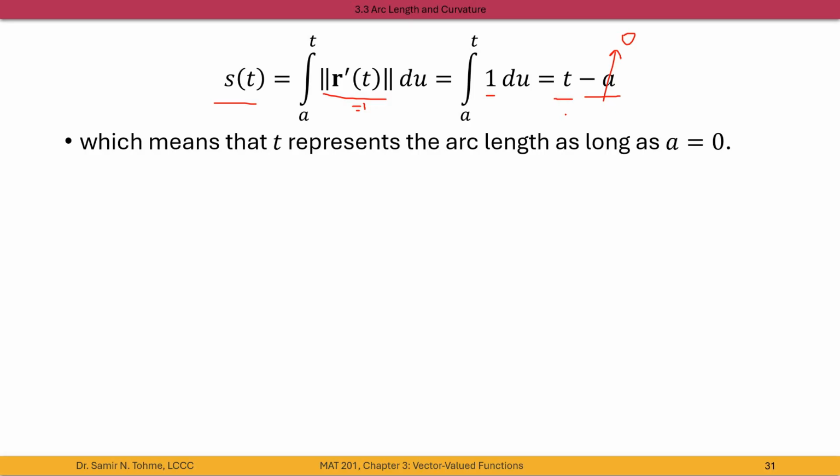It's always equal to t. So if you have the value of t, this is a faster way to calculate the arc length only in case the magnitude is equal to 1. If the magnitude of this vector function is equal to 1, you can directly write the arc length is equal to t if it starts from a equal to 0. So if you're calculating the distance between 0 and let's say 3, you can write that the arc length is equal to 3.